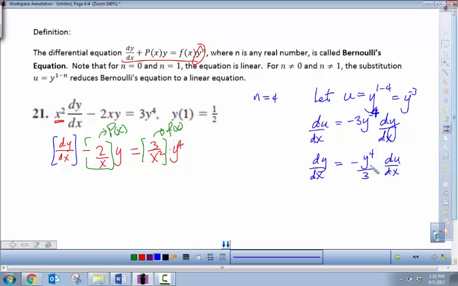It's u cubed? Y is equal to u to the negative third.